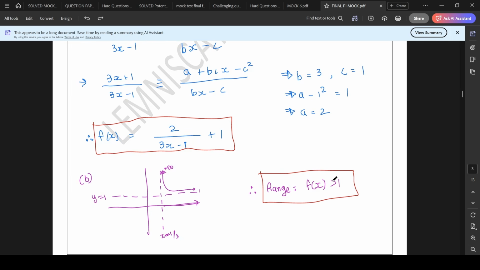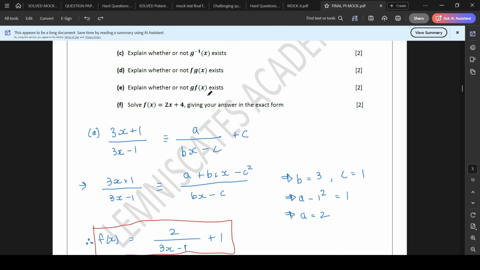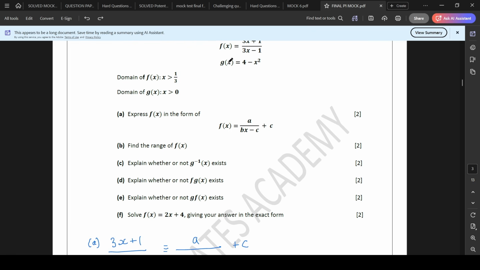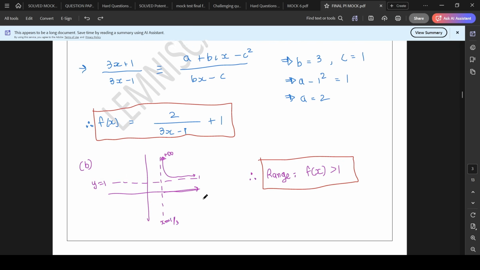Now f(x) can be anything greater than 1. If I pass that into the g function, can g accept it? g accepts any value greater than 0. So of course, if I pass any values greater than 1, the full range of f(x) is being satisfied by this domain of g, and therefore gf exists. Okay, guys.